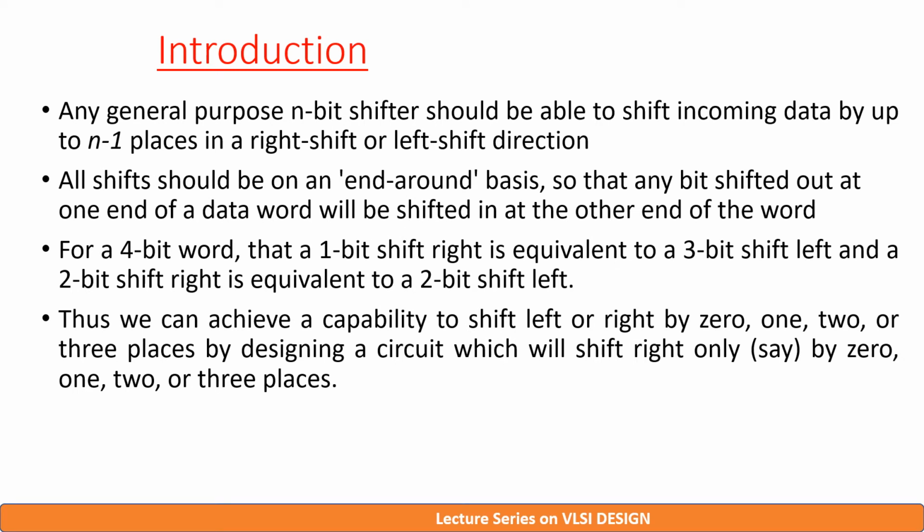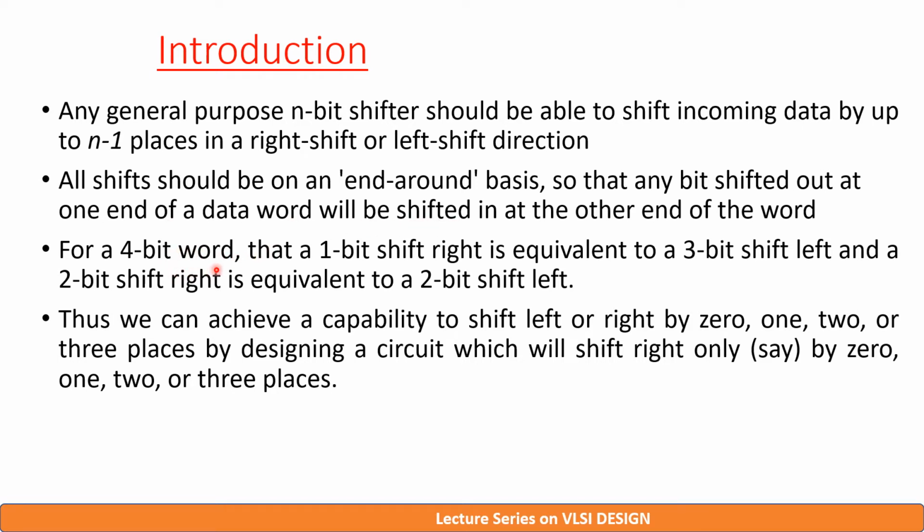So any general purpose n-bit shifter should be able to shift incoming data by n-1 places, either in the right direction or left direction. All shifts will be on an end-around basis, that is, any bit shifted out at one end of the data word will be shifted in at the other end of the word.